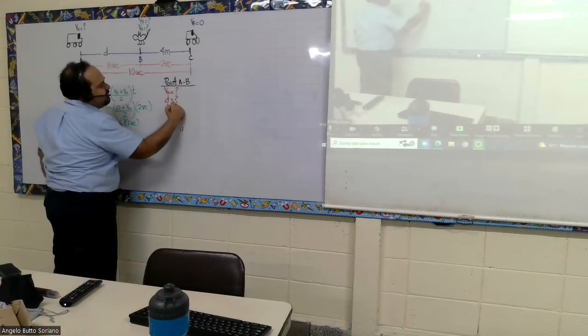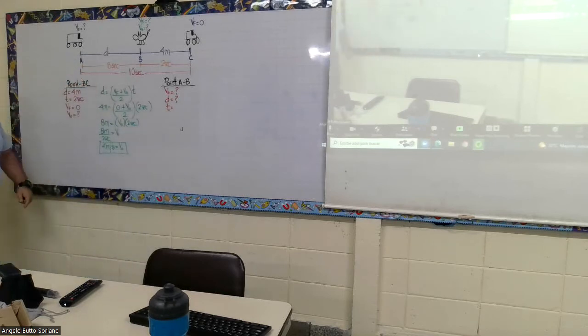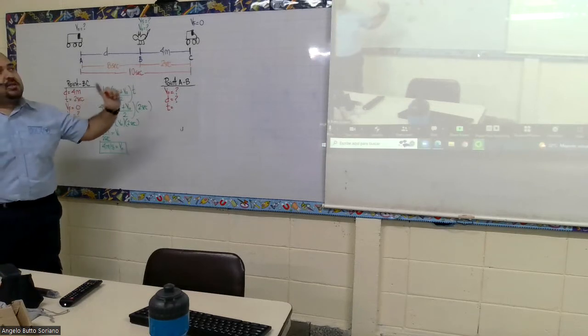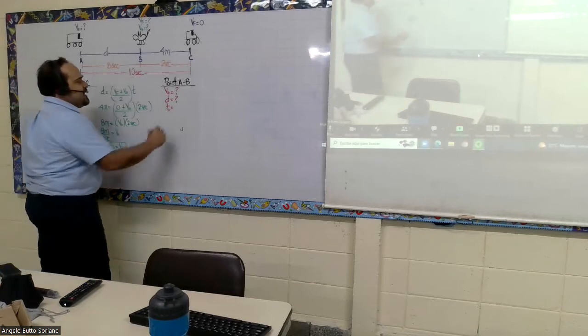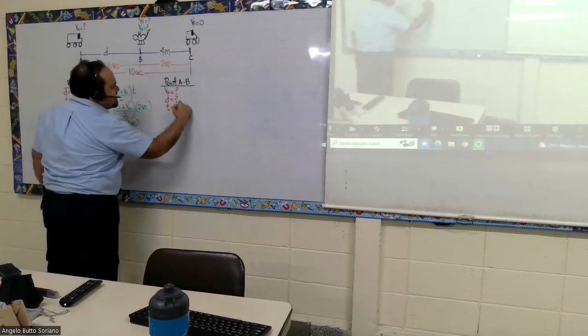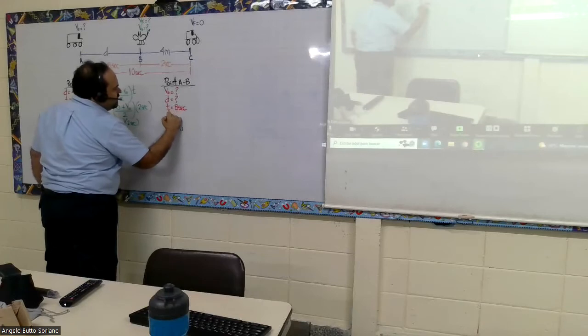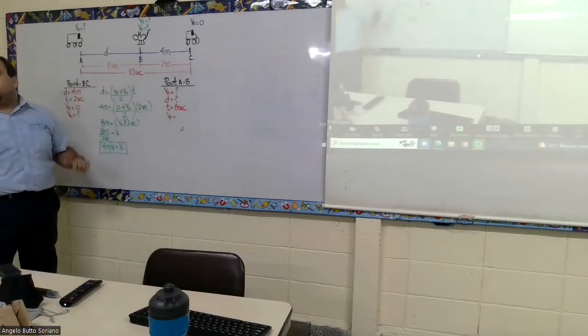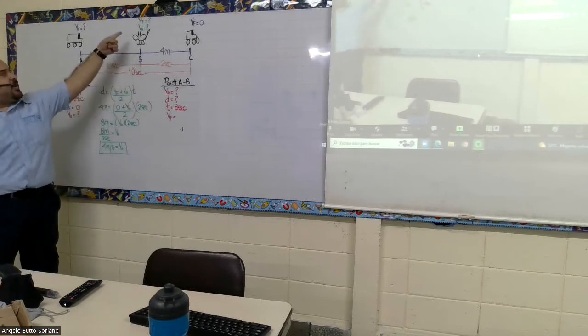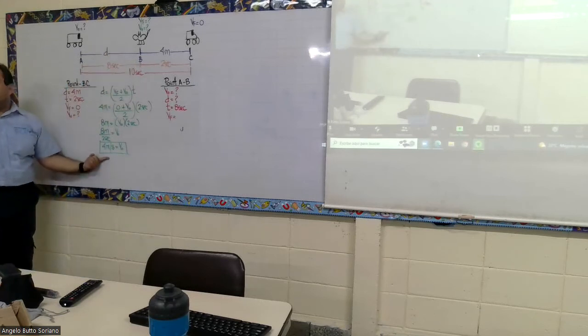Period of time. What will be the period of time from the point A until B? 8 seconds, because the problem mentions the driver reaches the dog after 8 seconds. And what will be the final velocity located exactly at the point B? What will it be? 4 meters per second.